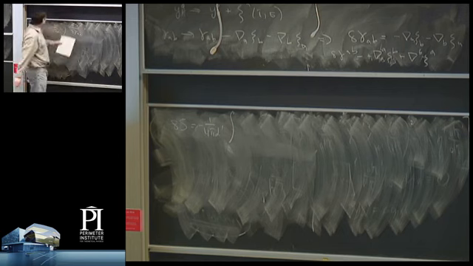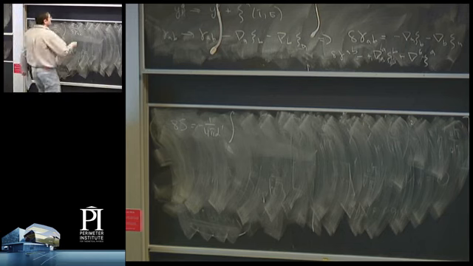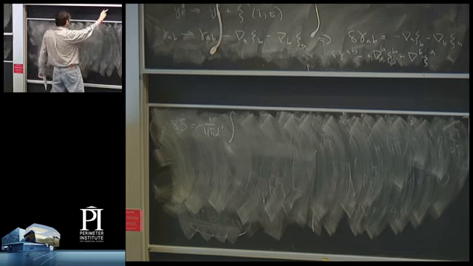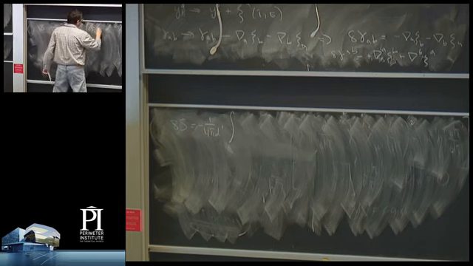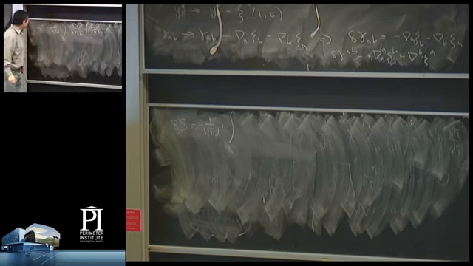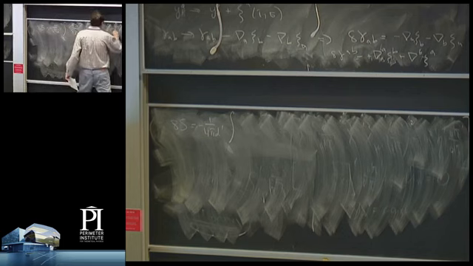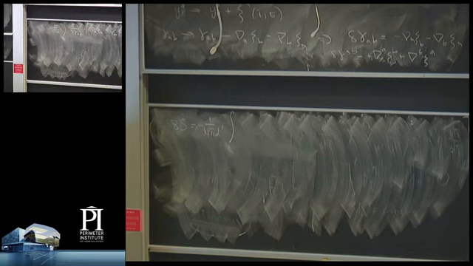Normally I would put in an arbitrary variation of the metric, but I'm not going to do this. I'm just going to put in the variation of the metric which is due to this diffeomorphism. Because my action is invariant under reparametrization, this must be equal to 0 for arbitrary vector psi B.